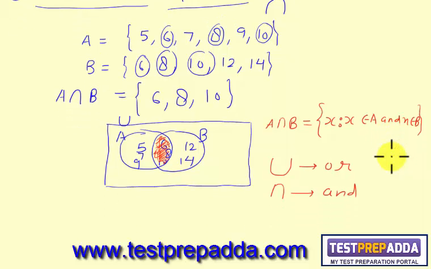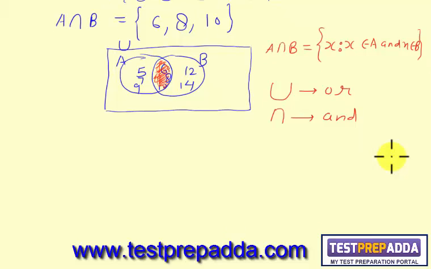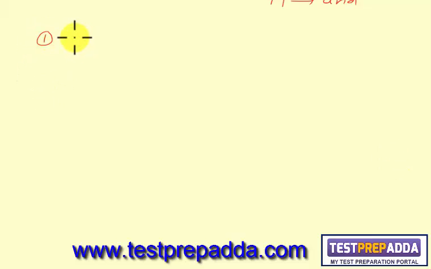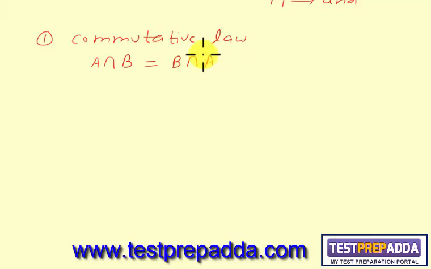Now, dear students, please note that the operation of intersection obeys commutative law. That is, I can write A intersection B is equal to B intersection A. It also obeys associative law.